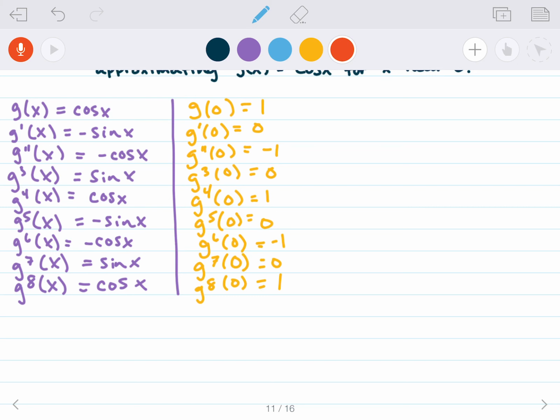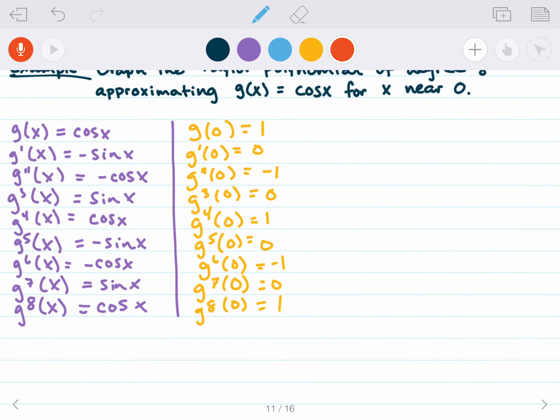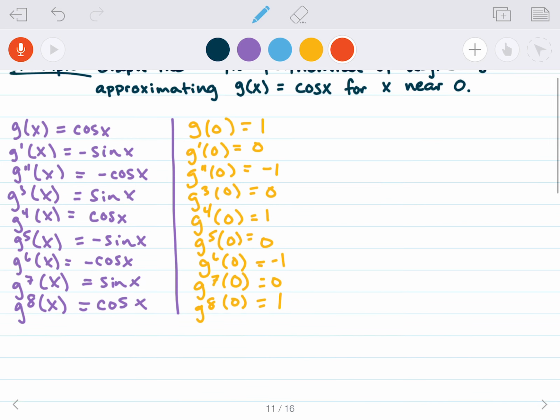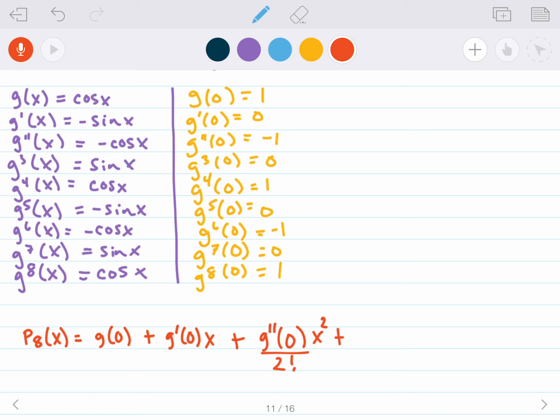Well, let's see. So I have the following. I have that my 8th degree polynomial is going to be g of 0 plus g prime of 0 times x plus g double prime of 0 x squared over 2 factorial, and so forth.